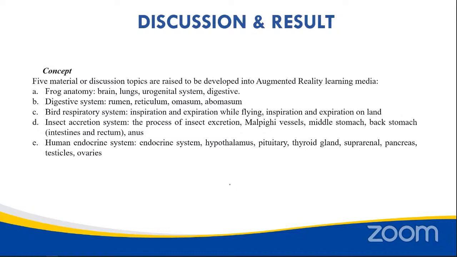D. Insect excretion system: the process of insect excretion, Malpighian vessel, middle stomach, back stomach, intestine and rectum, and anus. E. Human endocrine system: hypothalamus, pituitary, thyroid gland, suprarenal, pancreas, testicle, and ovaries.